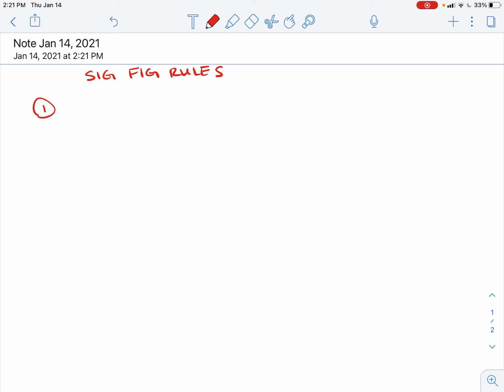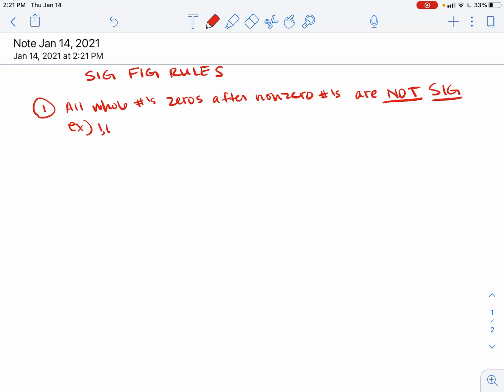Okay, so the first rule is that for all whole numbers, zeros after non-zero numbers are not significant. So an example being 1,000. So that would be one significant figure because these zeros are not significant.